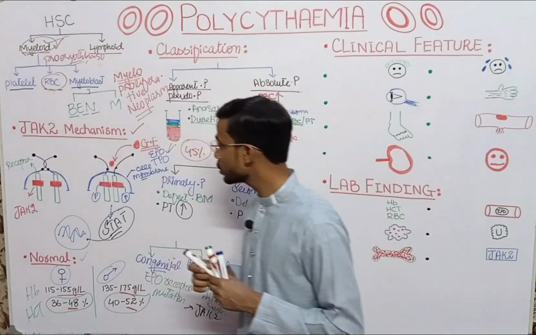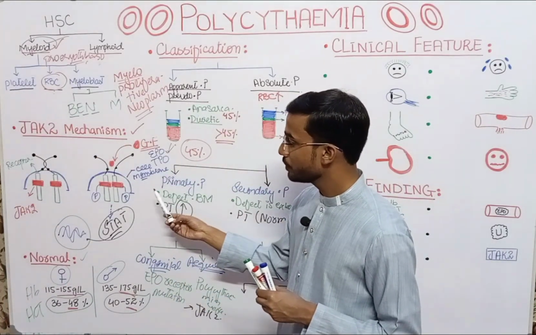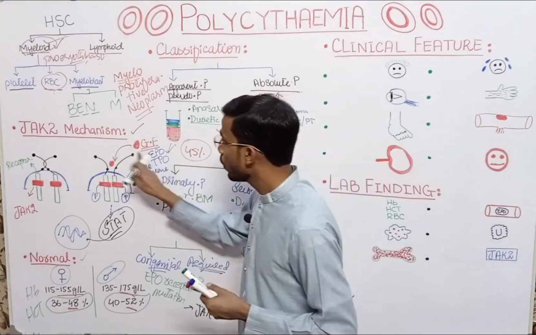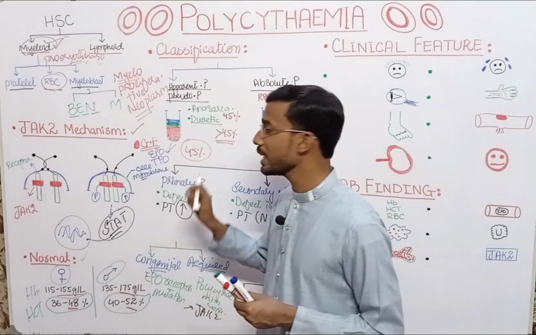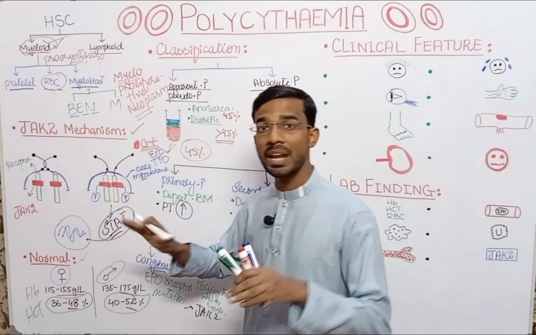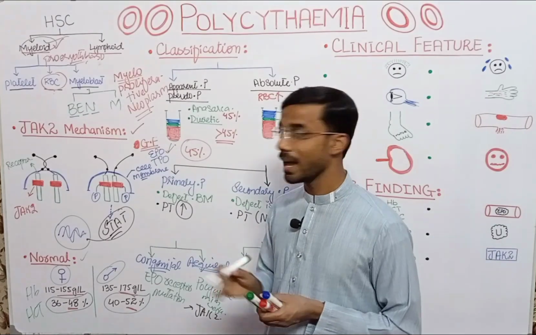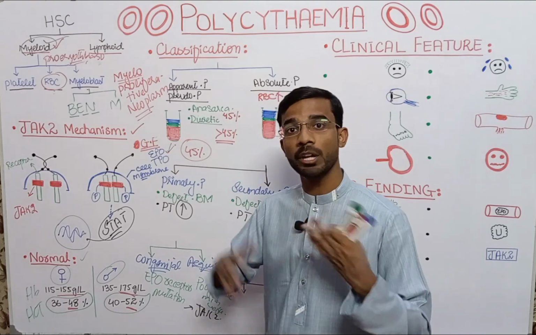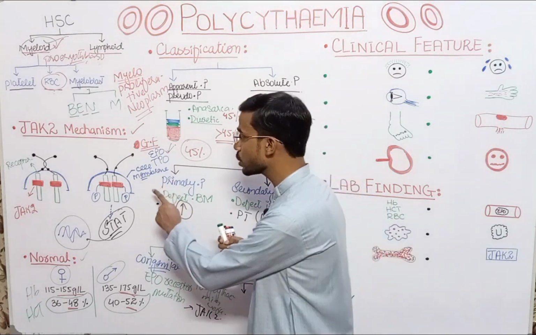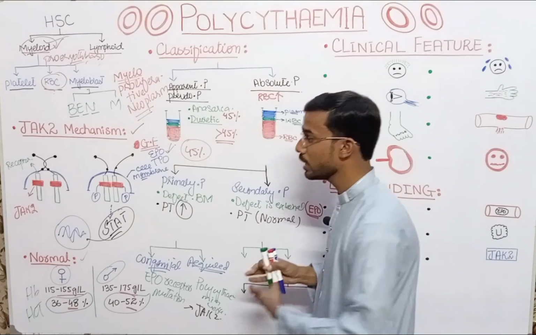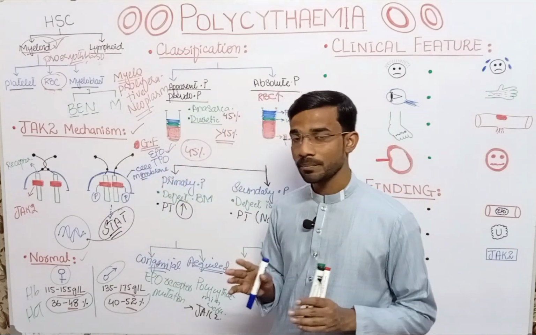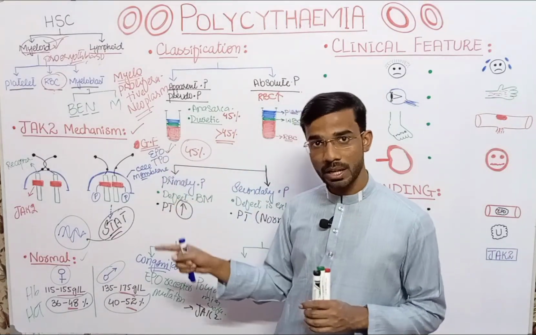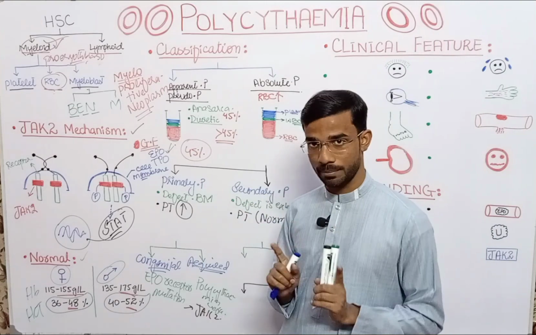In the JAK2 mutation, the receptor remains activated without the EPO, and transmits the signal to the nucleus, causing proliferation of the RBCs. So in the JAK mutation, these receptors are defective, and without any ligand or EPO, they transmit signals and ultimately cause proliferation of the RBCs.